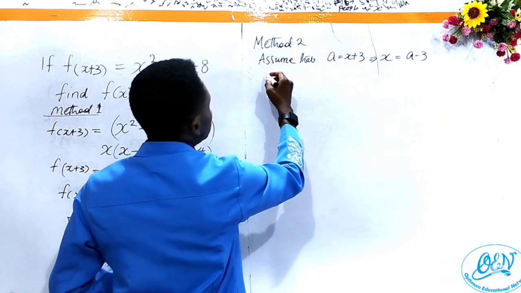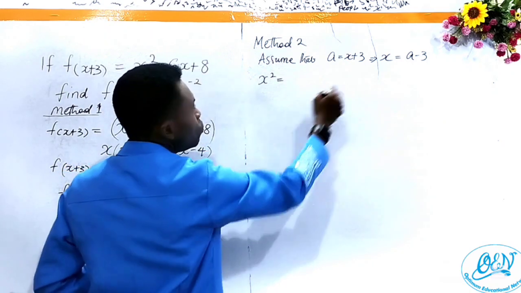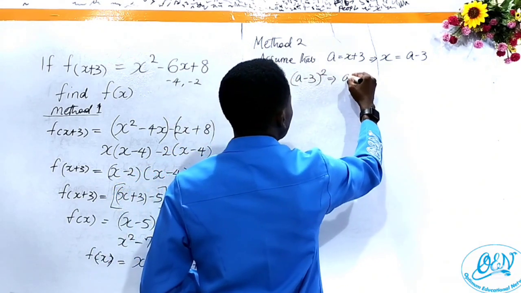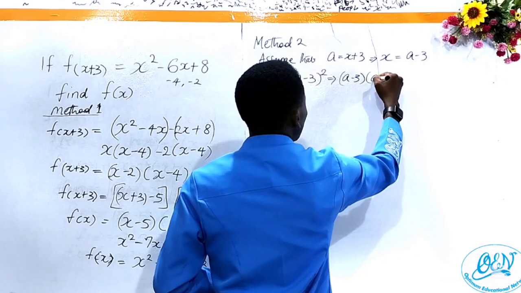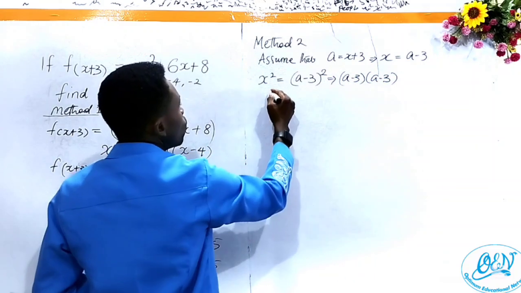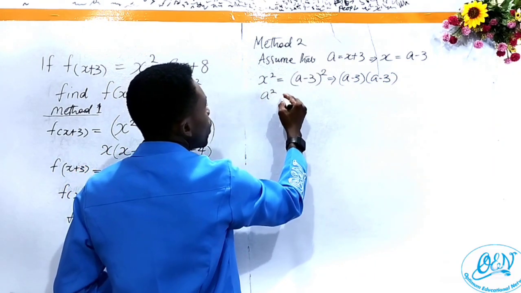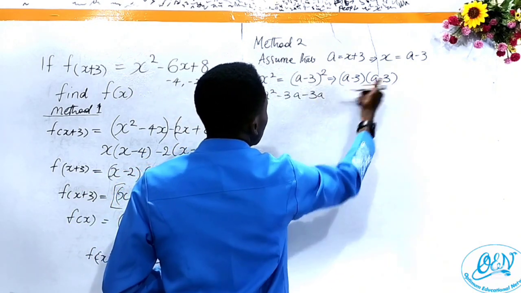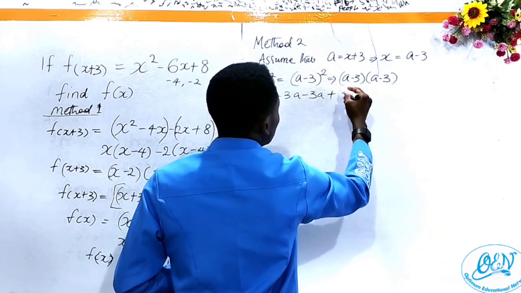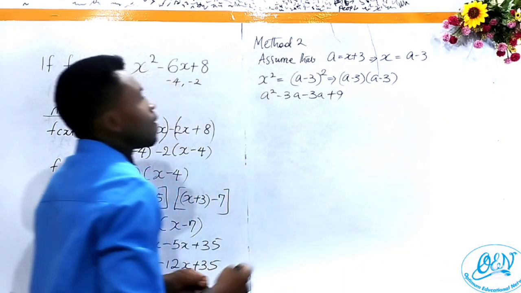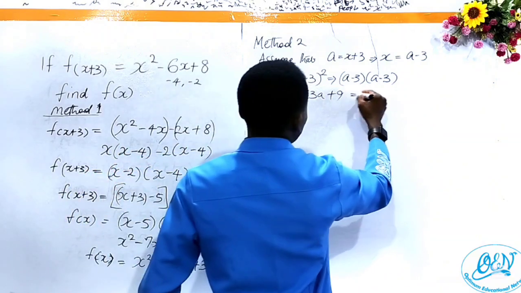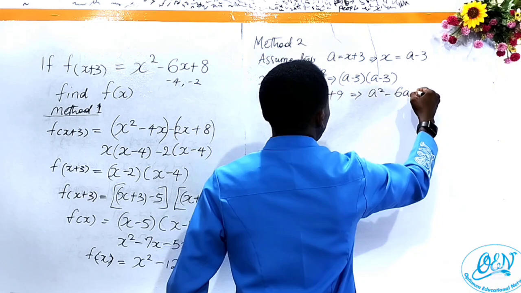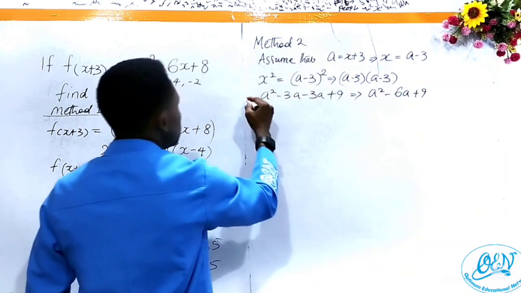So then x squared will be a minus 3 squared, which is the same thing as a minus 3 multiplied by a minus 3. Now expanding this, we have a squared minus 3a minus 3a, then plus minus 3 times minus 3 is plus 9. So this will give us a squared minus 6a plus 9.